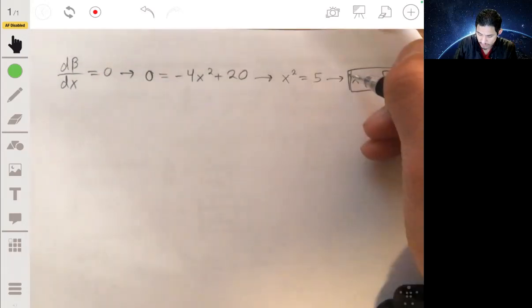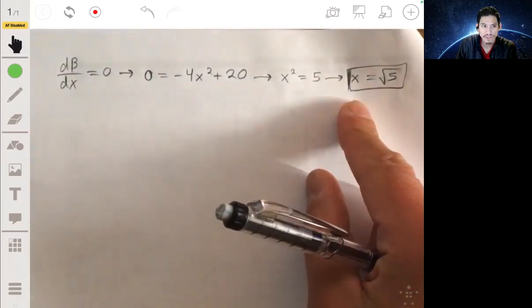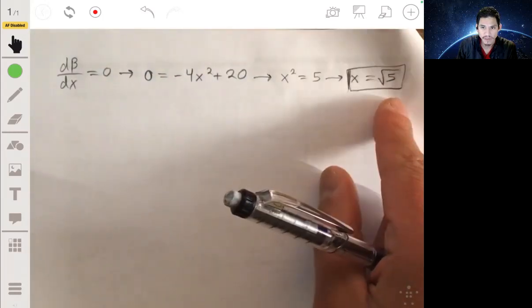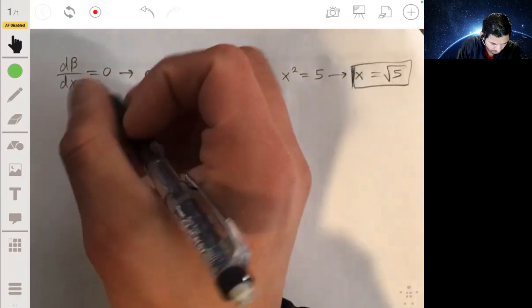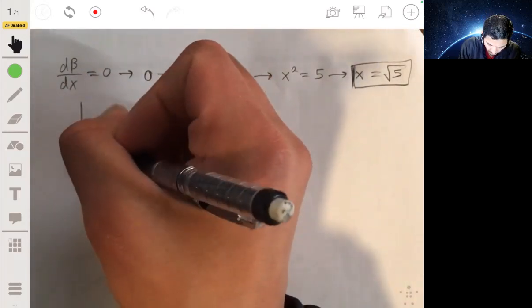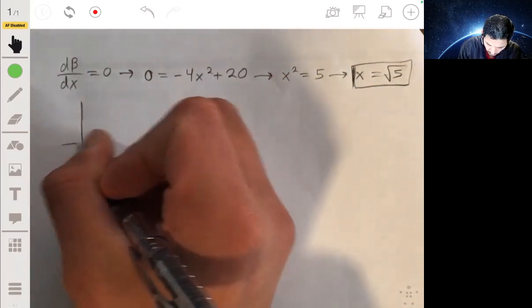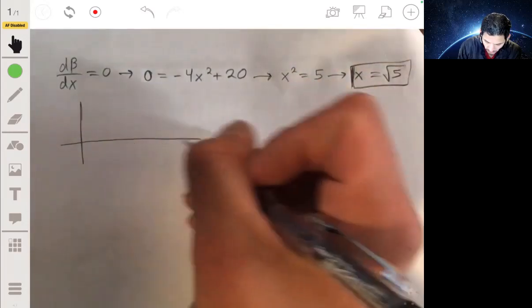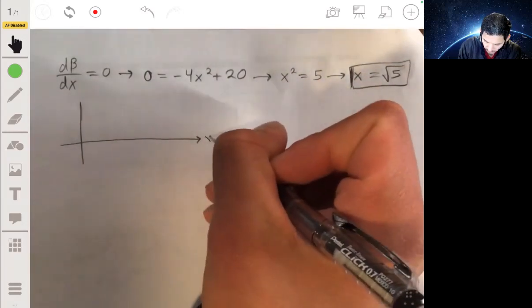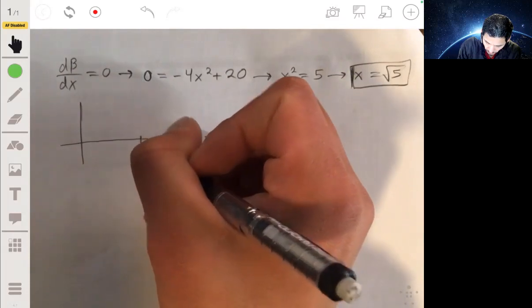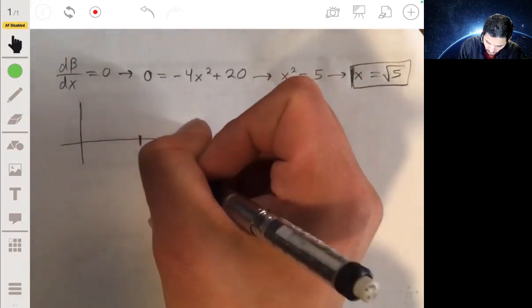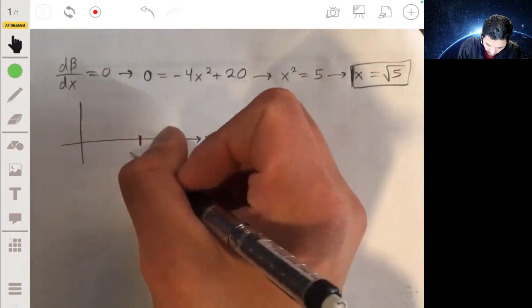Okay, so then we want to figure out what's going on before this value and after. So again, drawing a number line. Here we've got that x is root 5.